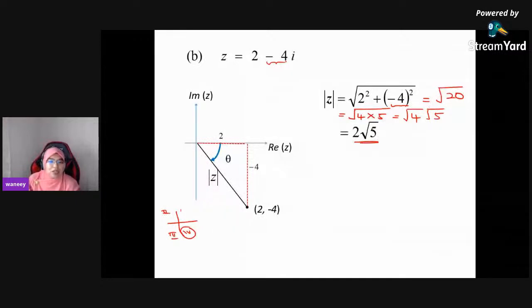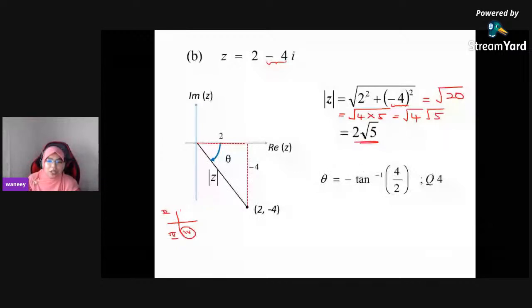Okay, so now for the argument, we are in the fourth quadrant. Therefore, for the argument, we have to use the formula for the fourth quadrant. So the formula is negative of arctangent of modulus of b over a. Okay, so before this, in the formula, we do have the modulus sign, right? But since I already changed it to become positive, I don't need the modulus sign.